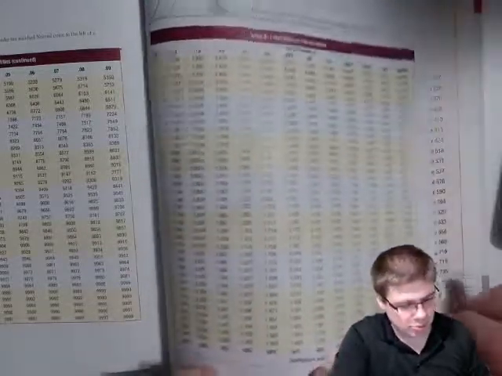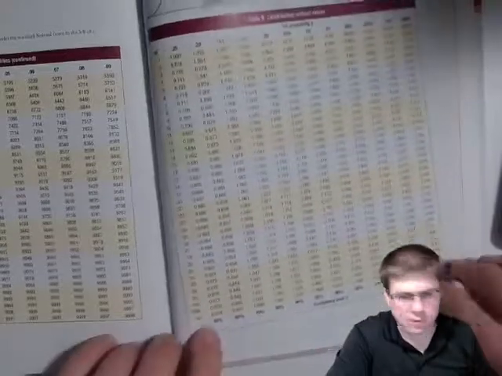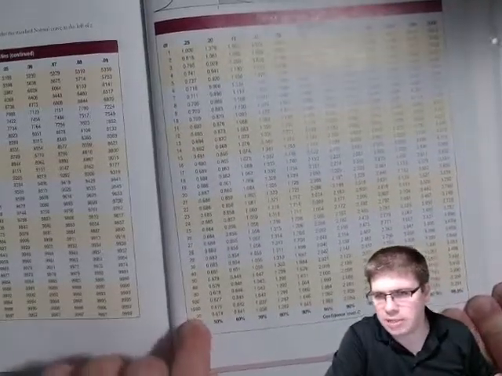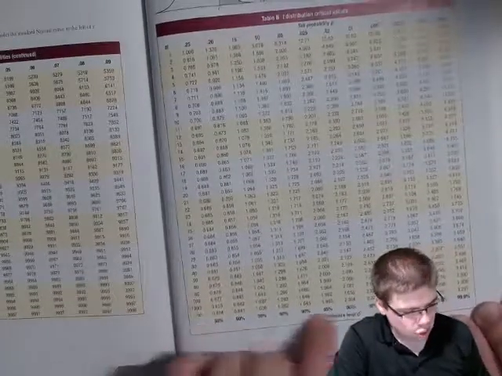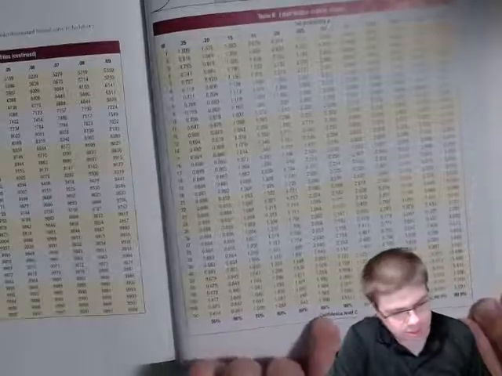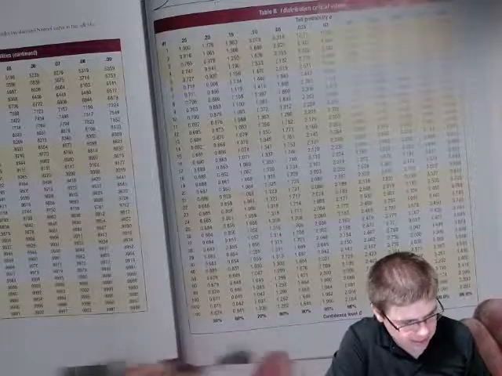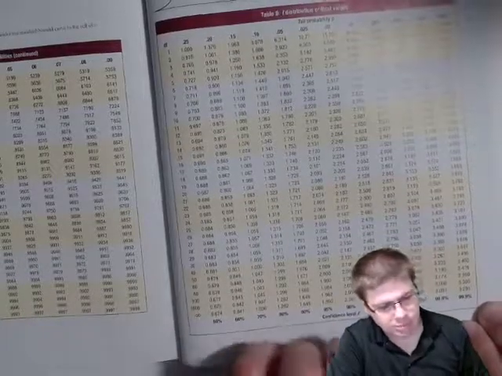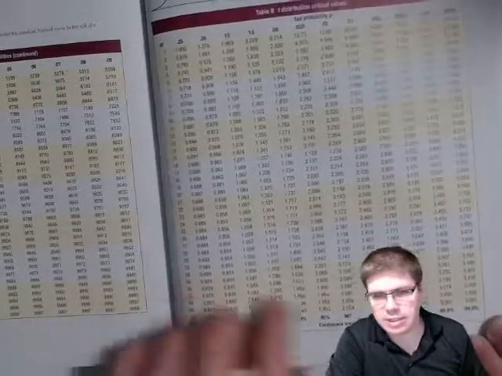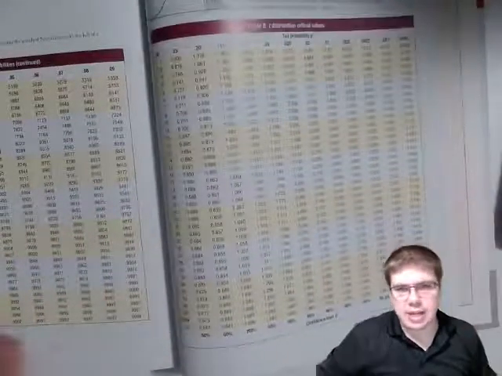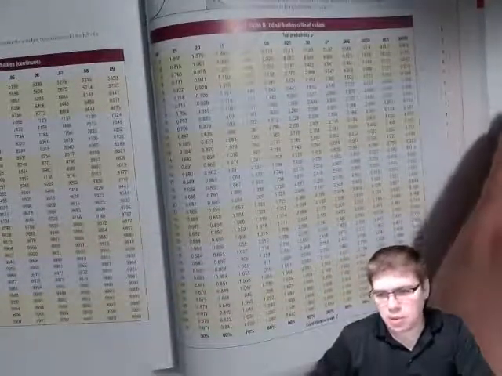So it's actually pretty easy to find some of those. In the bottom row, you have infinity, that's actually the normal distribution. So you'll recognize some of those numbers, like 95% is 1.96, 90% is 1.645, and 2.576. So not terrible altogether, but that's one way you can use your table to do this.